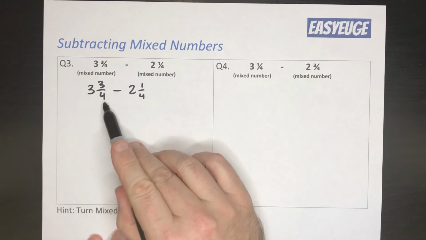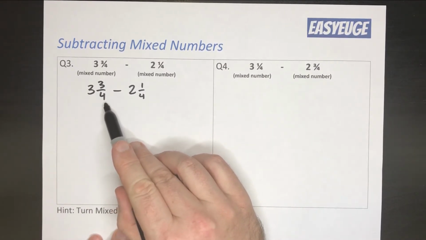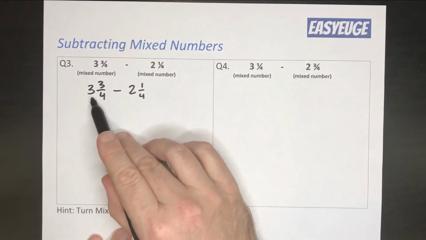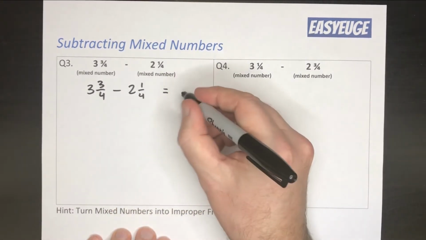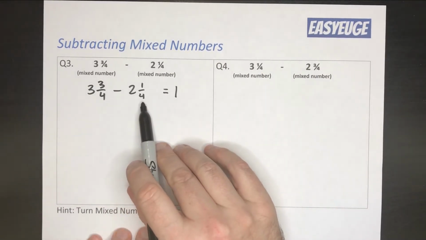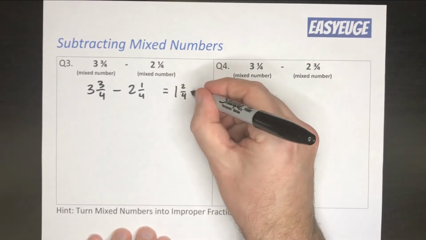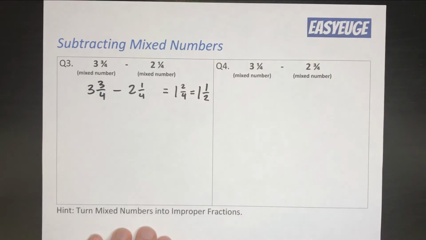You can see that the whole number is a 3 and the fraction is 3/4, and this fraction over here is a quarter. So we can take the whole number, 3, and take away 2, and that gives us 1. And 3/4 take away 1/4 is 2/4. And 1 2/4 is the same as 1 1/2.